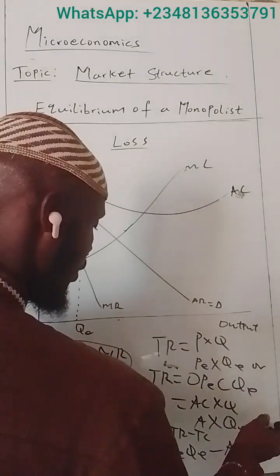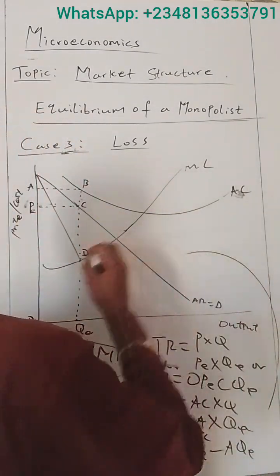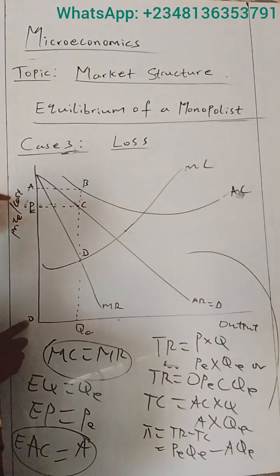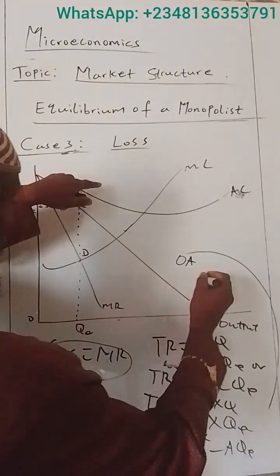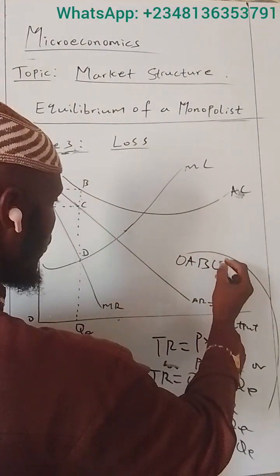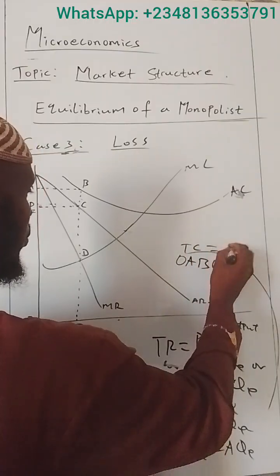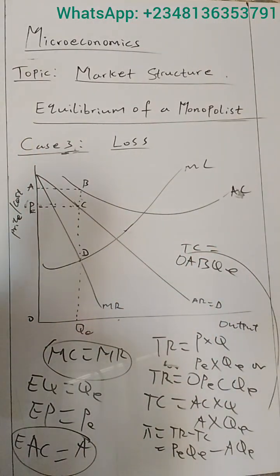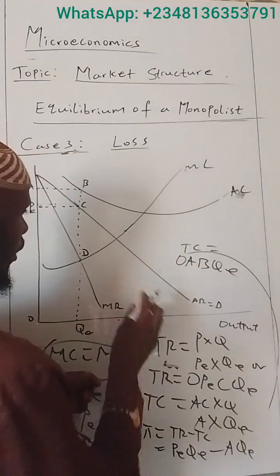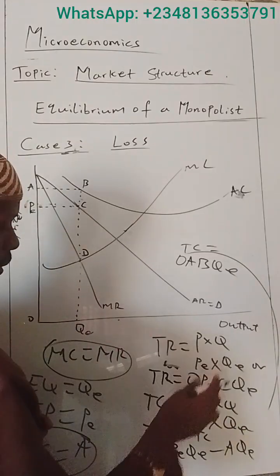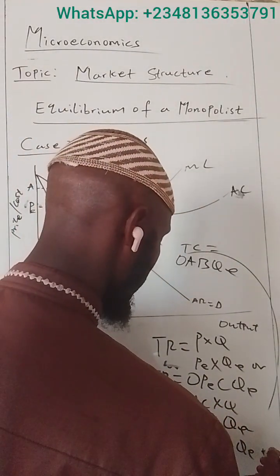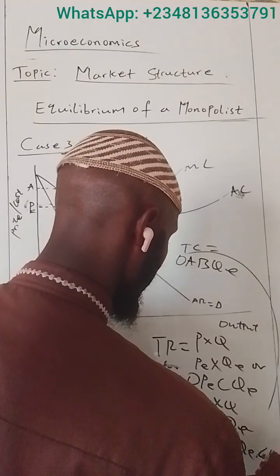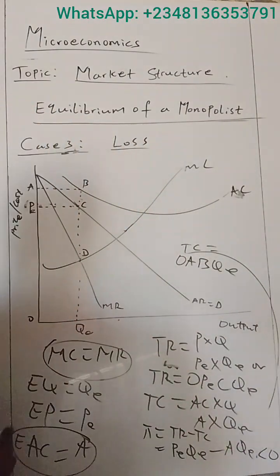Don't forget, the same total cost here, you can also represent it this way by saying total cost is the rectangle OABQE. Here you will see that total cost is greater than total revenue, so we expect profit to be less than 0, that is, negative.